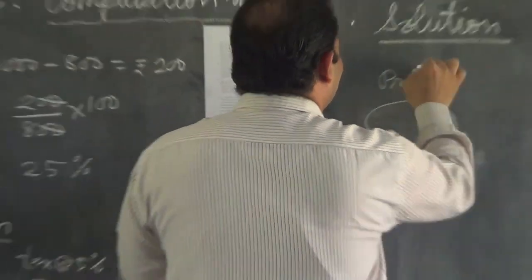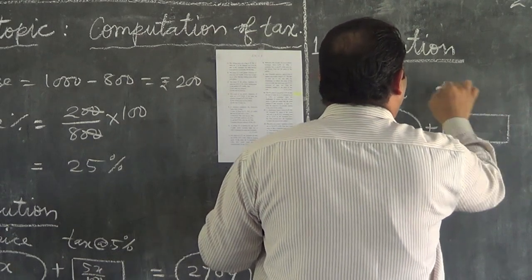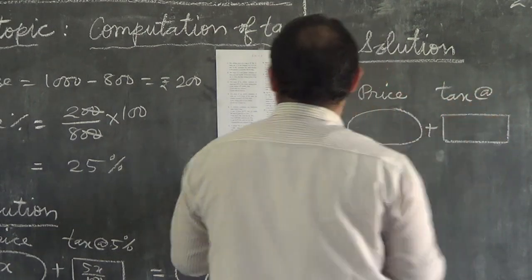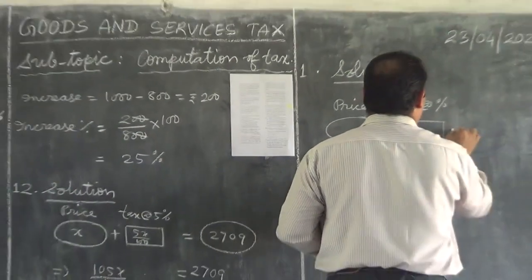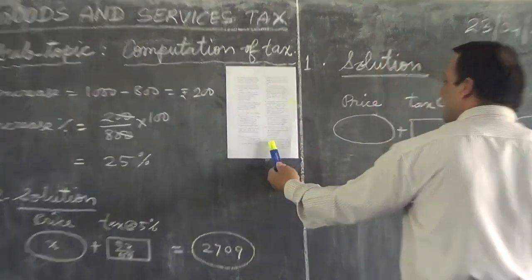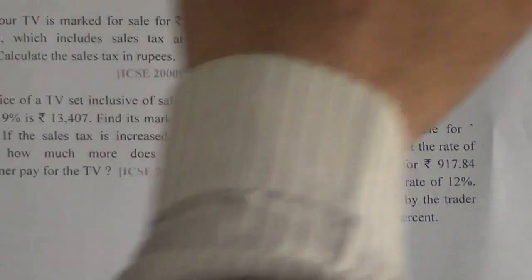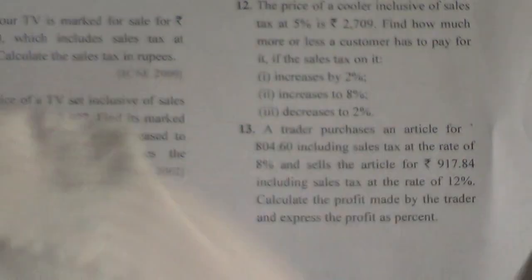So here price is how much we don't know. But including tax at how much percent? Including tax at 8%. Tax at 8% will give 804.60. And then this is the cost price.